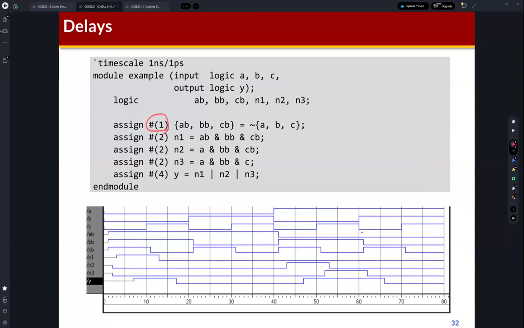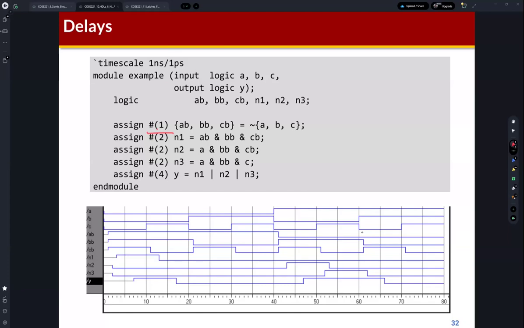In order to use time delays in an assign statement, you write the delay after the assign statement. Then what is the definition of this time delay in an assign statement?